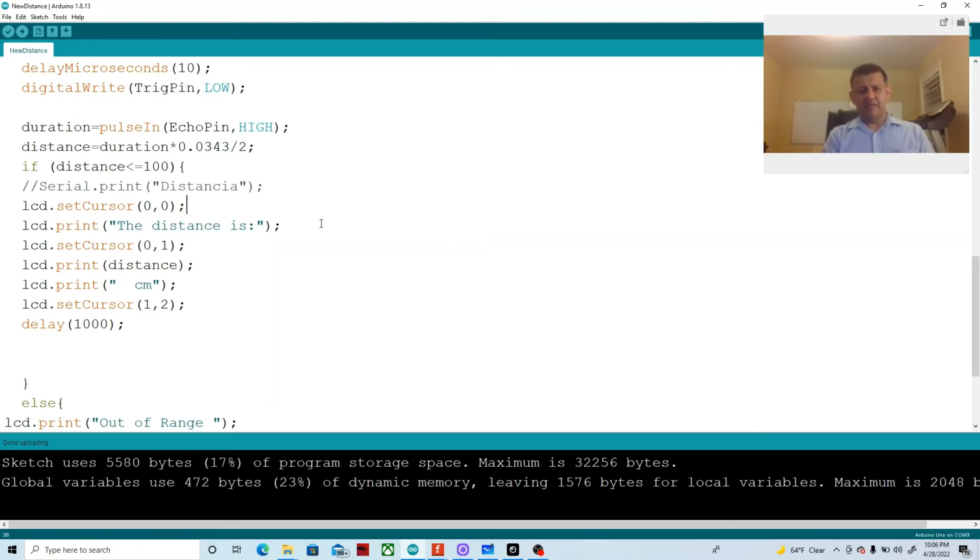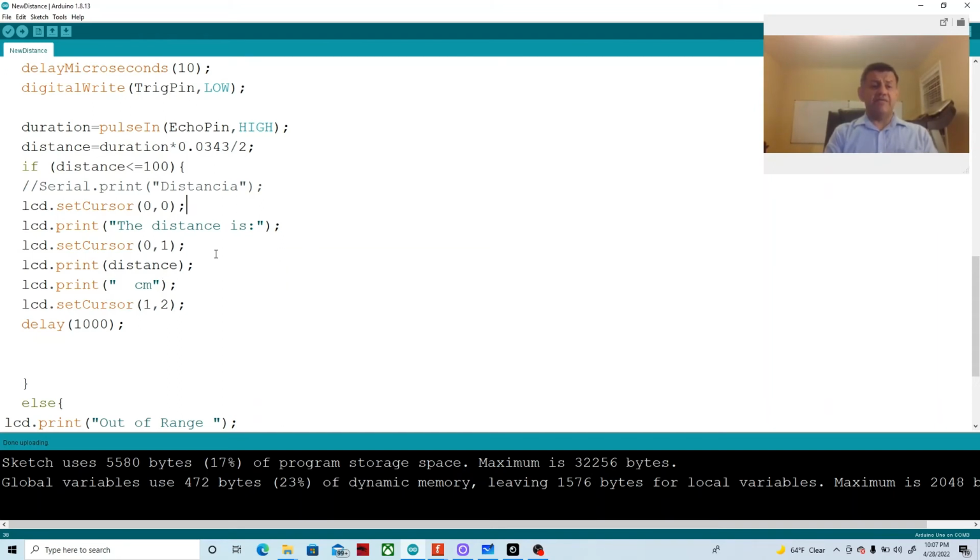Well, this is kind of similar. So then the LCD print, and then distance, right? The distance is, right?